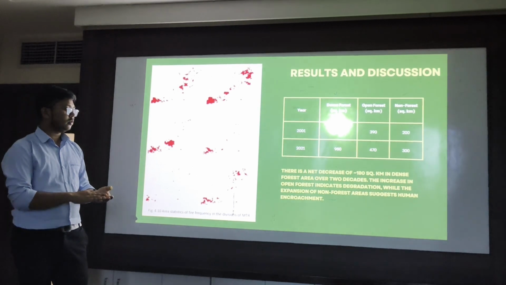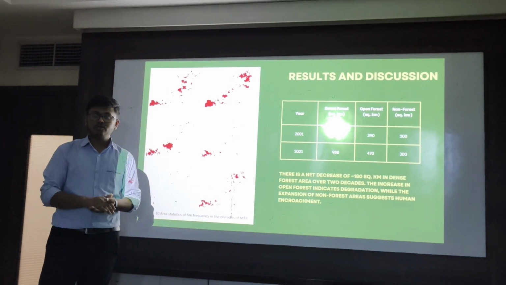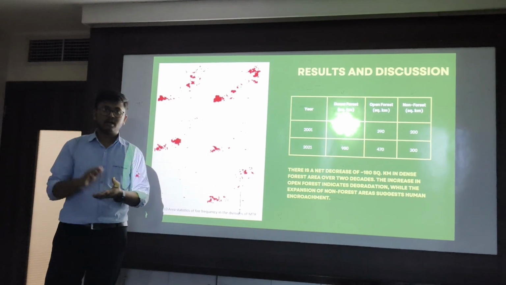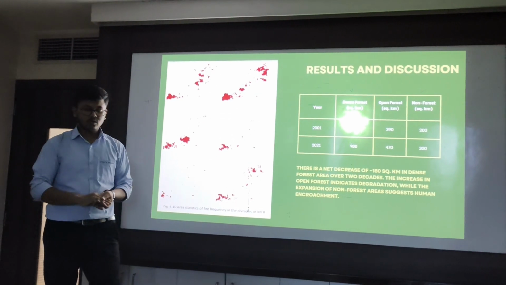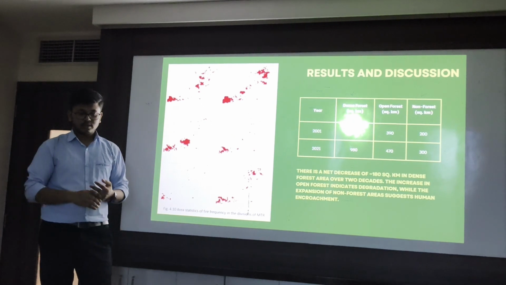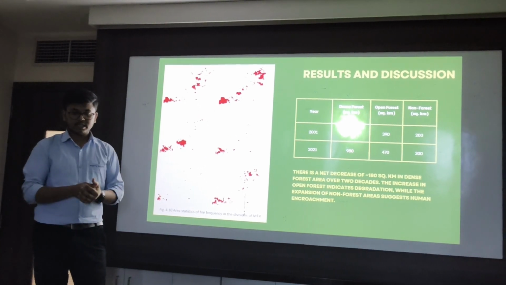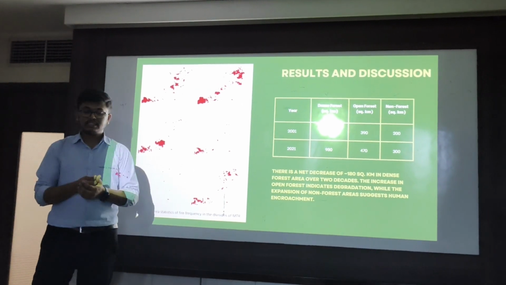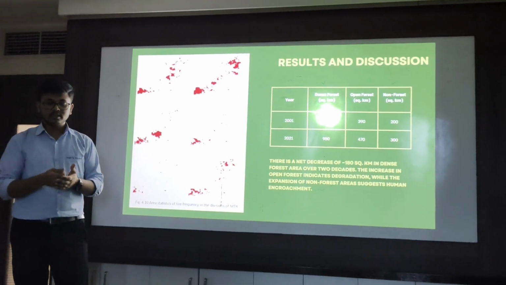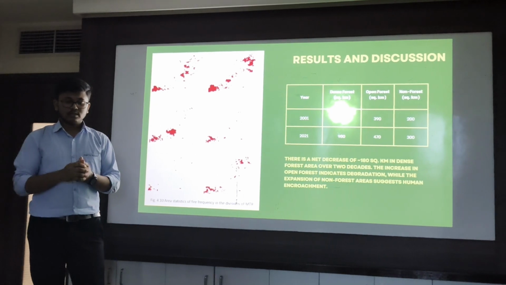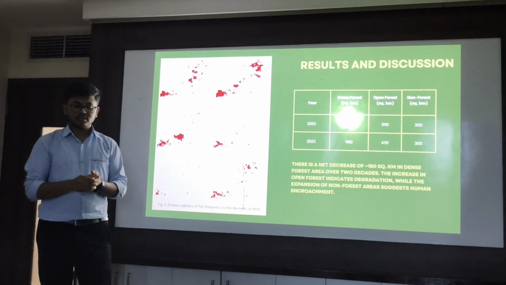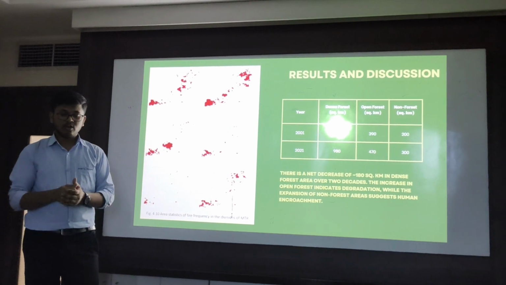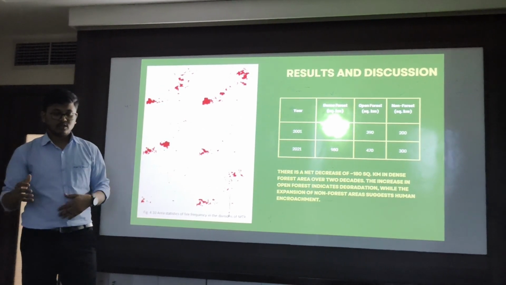That means the open forest increase, which is not good for the forest, as well as the non-forest area has also increased by 100 square kilometers. So the open forest area increase indicates degradation, while the non-forest region expanded, signaling human encroachment. So hotspots of the deforestation were concentrated near the villages along newly constructed roads.